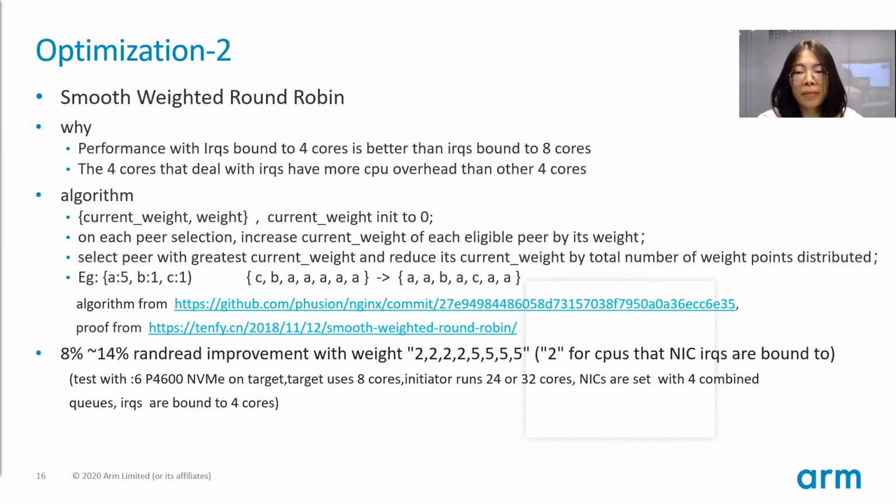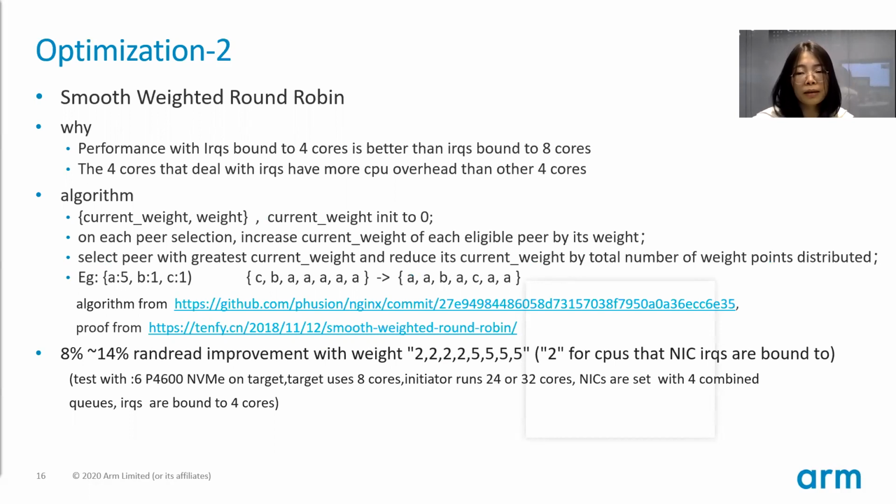And this optimization leverages the smooth weighted round-robin algorithm. The default algorithm in SPDK to assign the sockets to different CPUs is round-robin. It means that each core deals with an average number of connections.